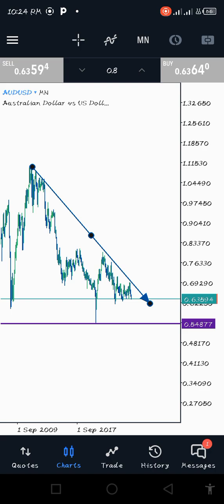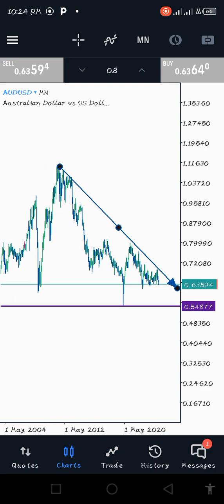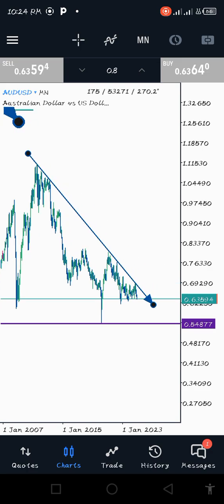So if we want long-term opportunities, we should be considering taking selling opportunities on this pair. That's simply what we can see.